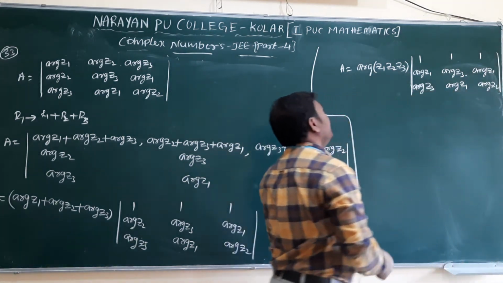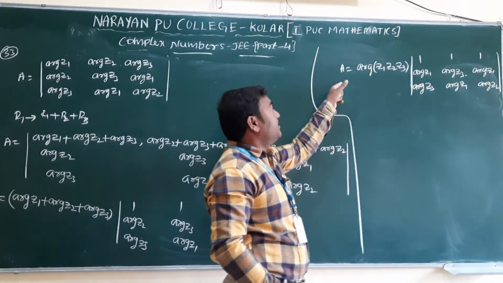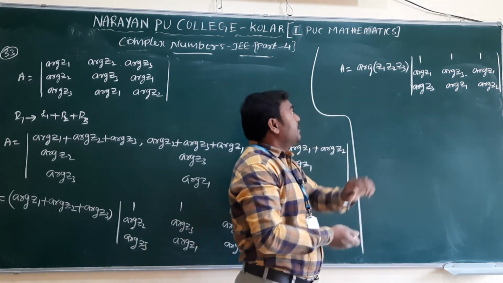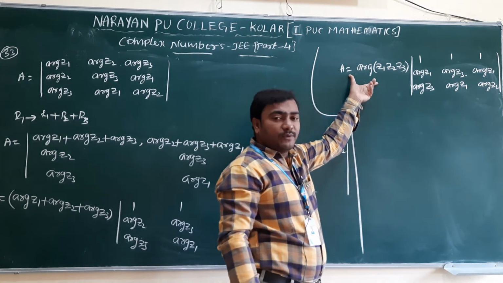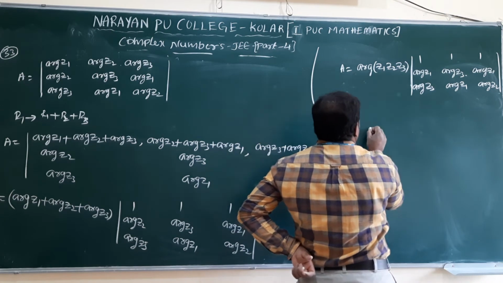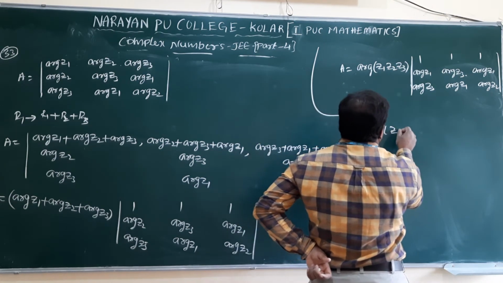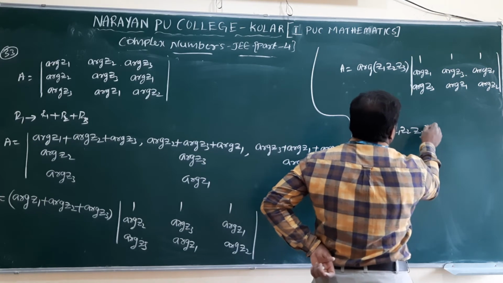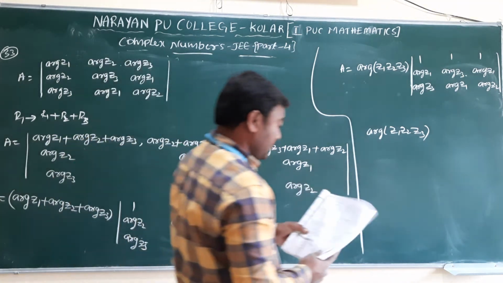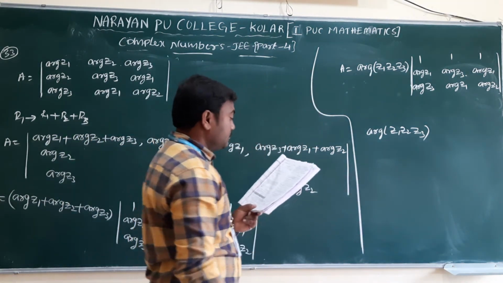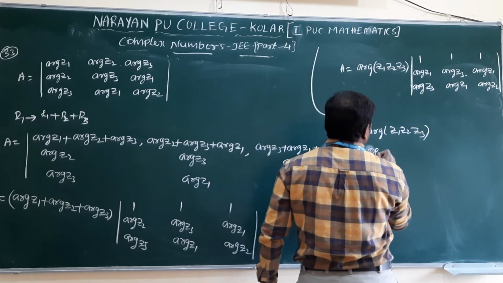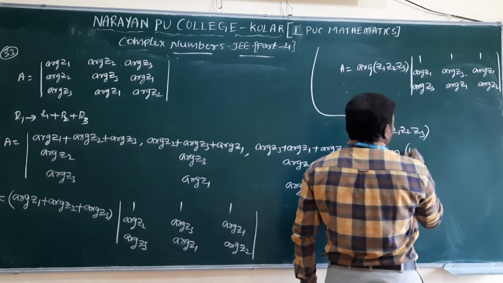So here A is divisible by argument of Z1 into Z2 into Z3. Further solving we would get the solution, but they have given options only. Therefore A is divisible by argument of Z1 into Z2 into Z3. Option B is the correct option.